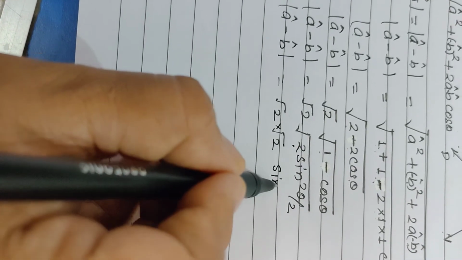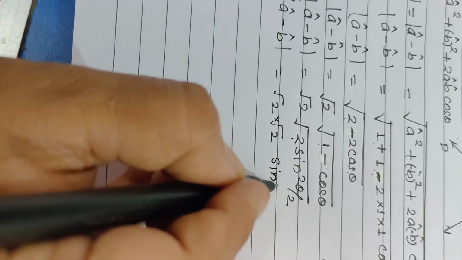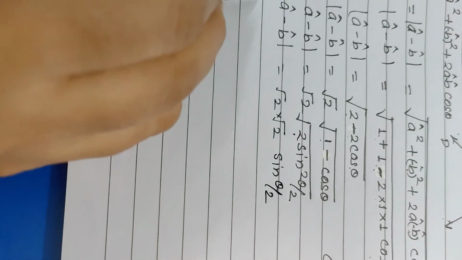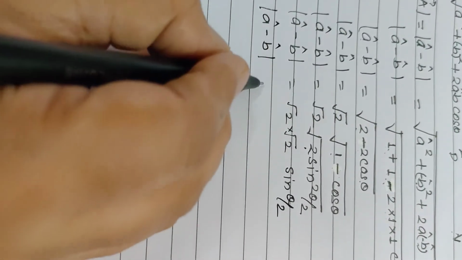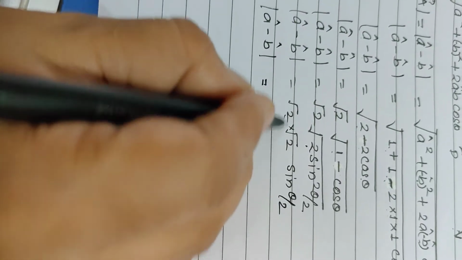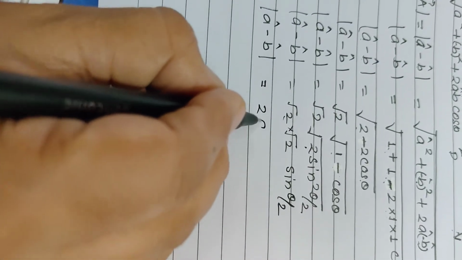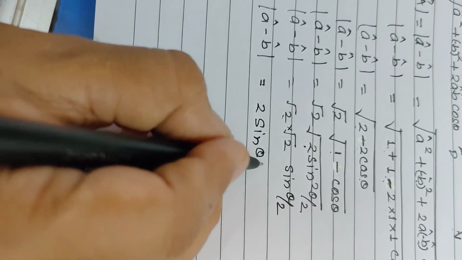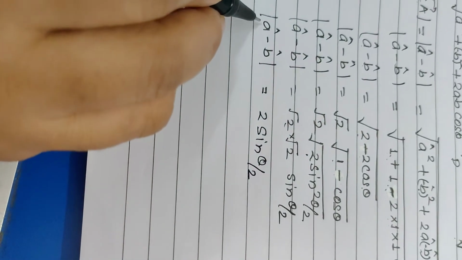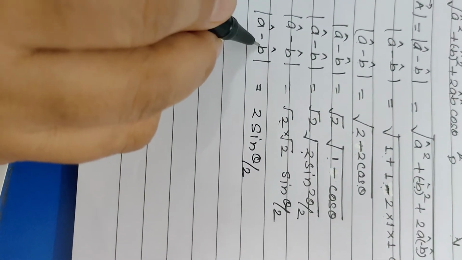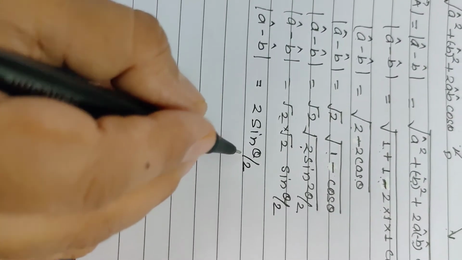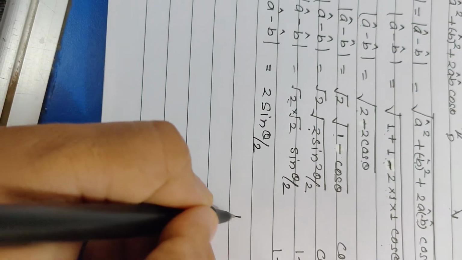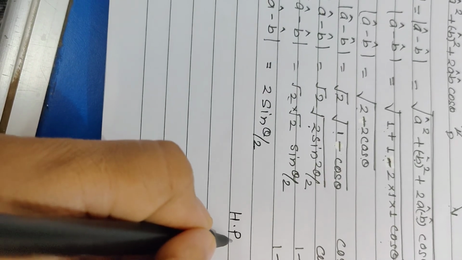It will come out of the root sign, that is sin theta upon 2. So the magnitude of a cap minus b cap is equal to root 2 into root 2 is 2, that is 2 sin theta upon 2, which we have to prove. So we'll write here, hence proved.